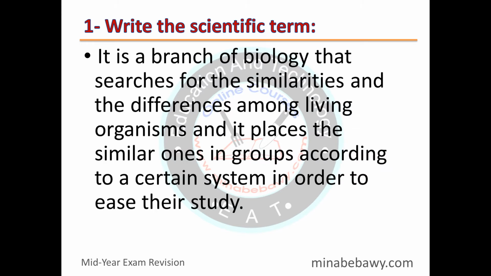It is a branch of biology that searches for the similarities and the differences among living organisms, and it places the similar ones in groups according to a certain system in order to ease their study. Taxonomy.